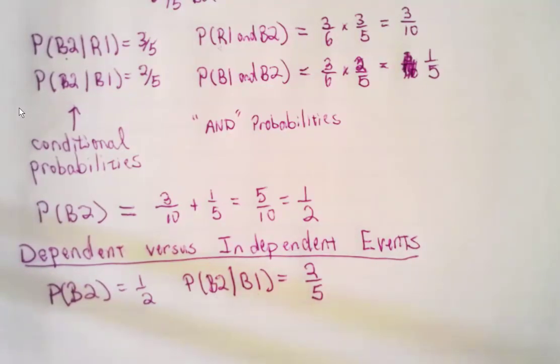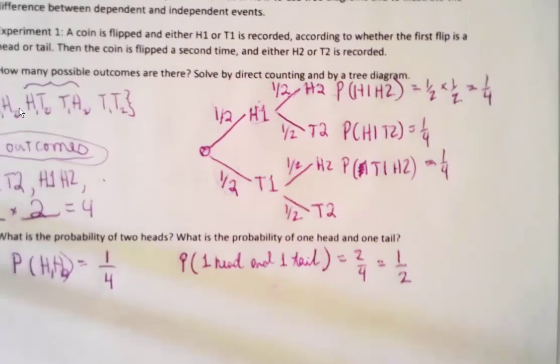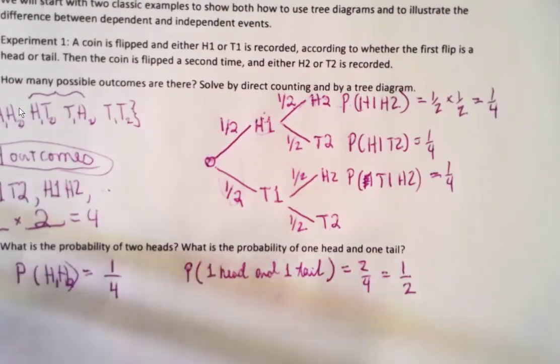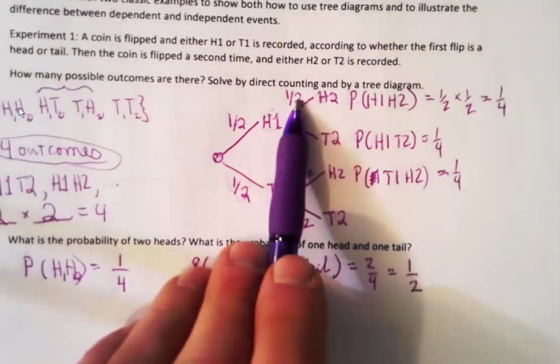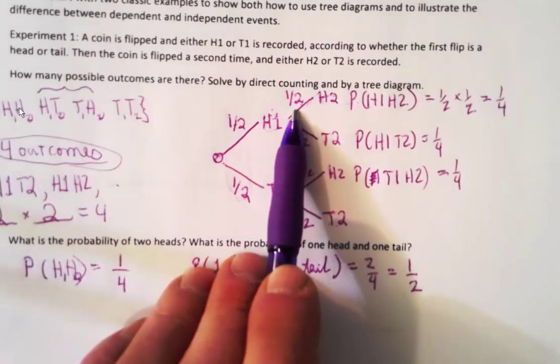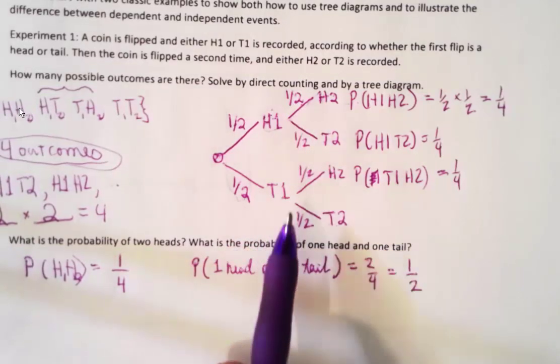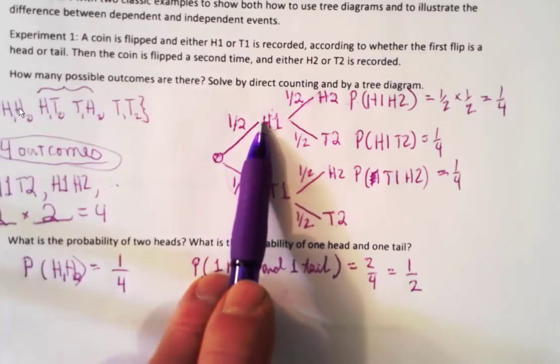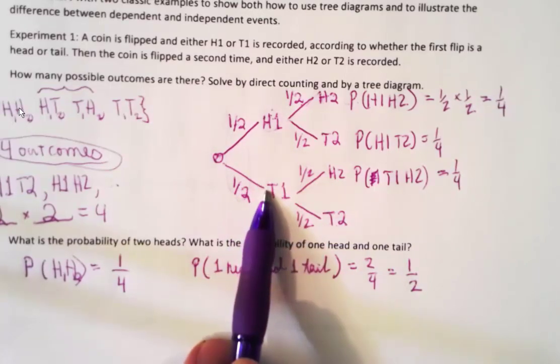Now, we could contrast this with, say, the coin flipping experiment we had at the top of page 3. If we look back there, we see that the probability of heads on the second flip is 1/2, whether we got a head or a tail on the first flip.